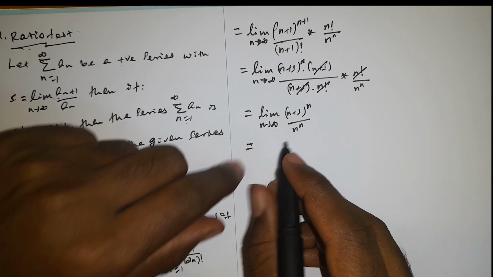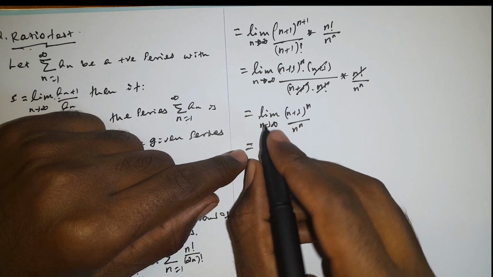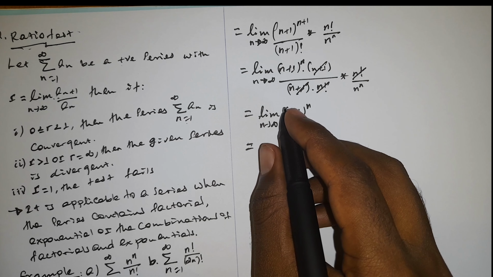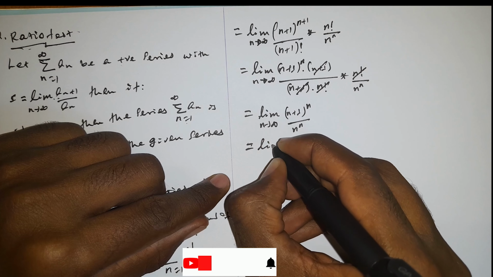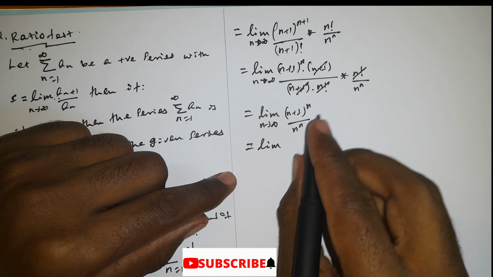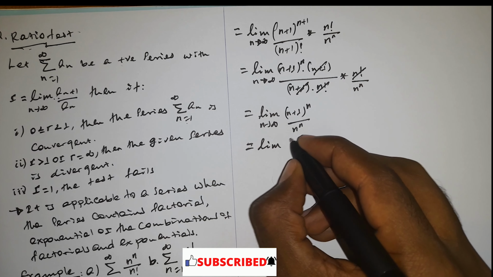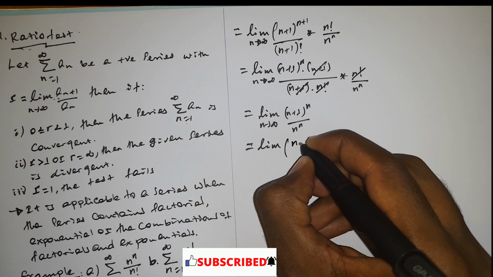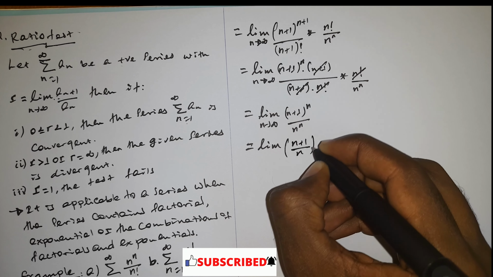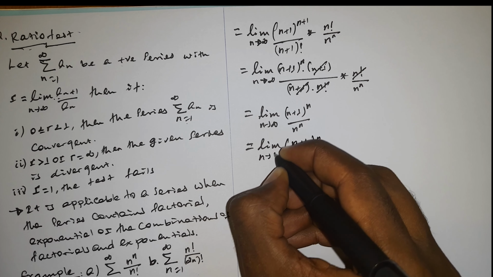which is equal with limit of n plus 1 over n, raised to n, as n goes to infinity.